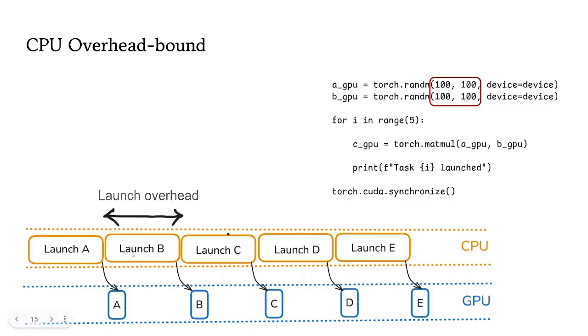What we see here is that the launch time is significant because the CPU is so much slower than the GPU. And these overheads really are a result of the Python interpreter, the PyTorch framework, and also the overhead involved in launching the CUDA kernel. So it's really the difference in speed between the CPU and the GPU which makes this problematic, because here we have a lot of periods when the GPU is idle, and we don't want this because it's terrible for GPU efficiency.